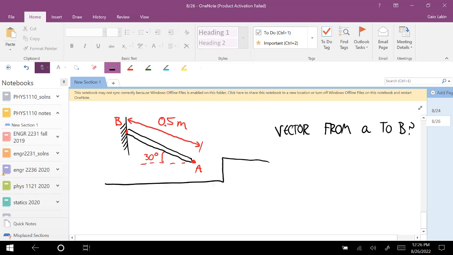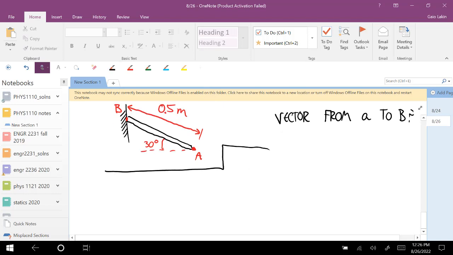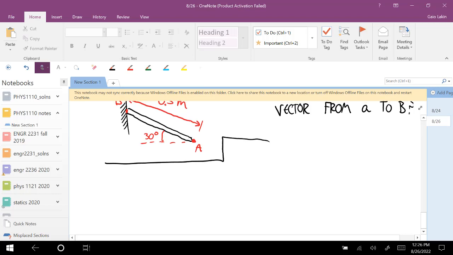Do we already know the coordinates of these two points? No. So we're going to imagine the origin at A, the starting point, and then just calculate the coordinates of B. I'll draw the coordinate system here. Then the point B is over here where this is 30 degrees.